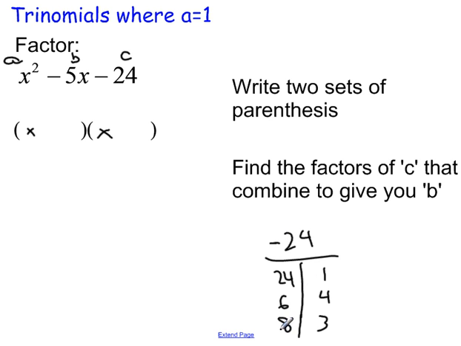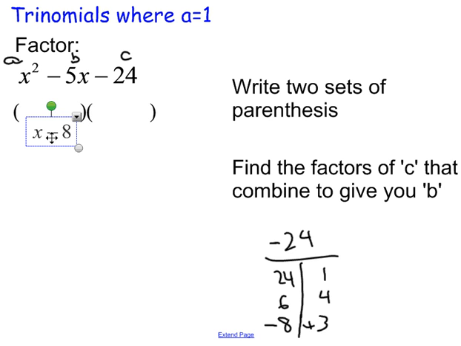And so if you make the 8 negative and the 3 positive, this negative times this positive gives you -24, and then this negative plus this positive adds up to give you -5. So your factors are -8 and +3.